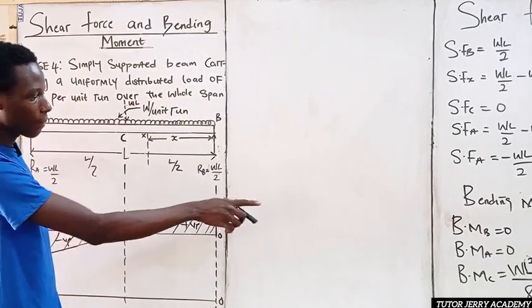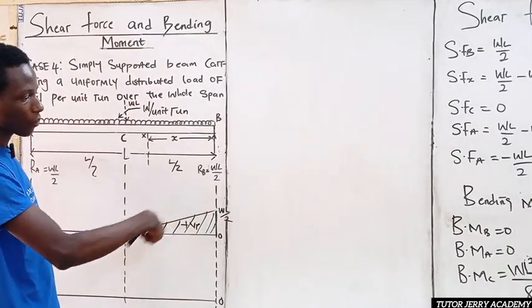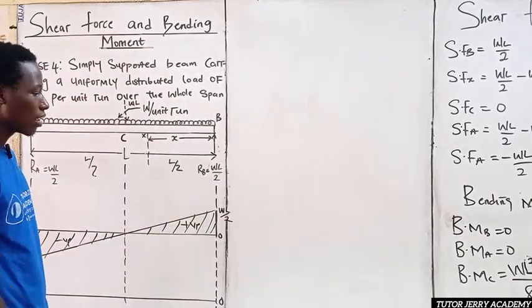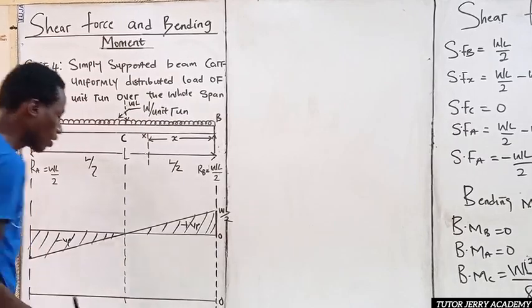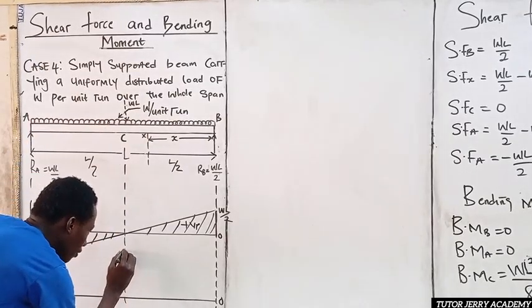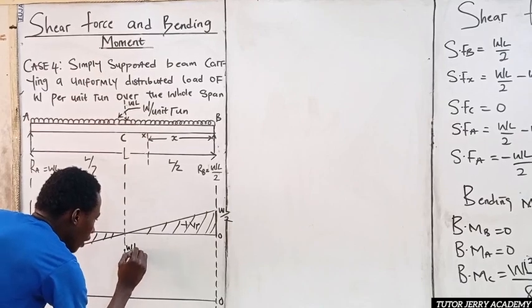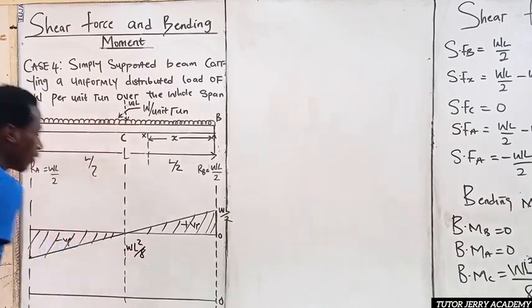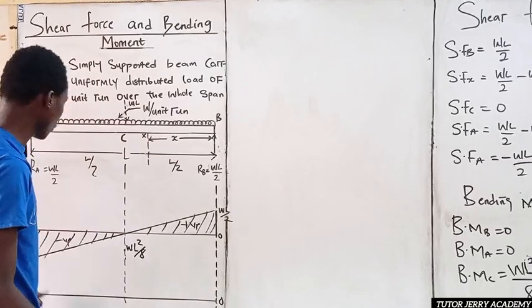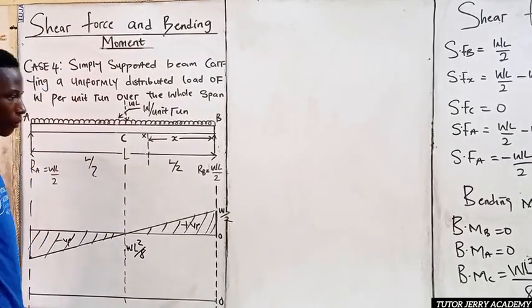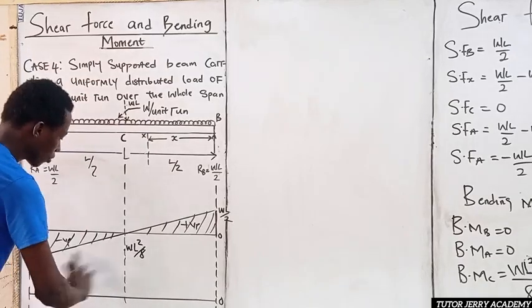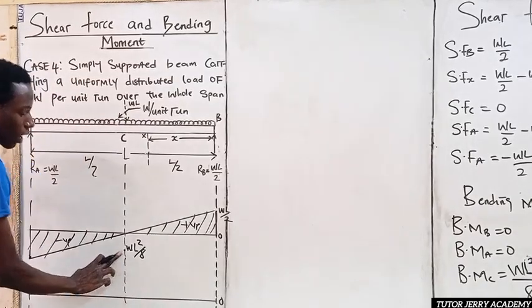So we have the maximum bending moment at C to be WL square all over 8. So we just take this point to be WL square all over 8. And we know that also at A, our bending moment is 0. So we just draw a parabolic curve at this point.